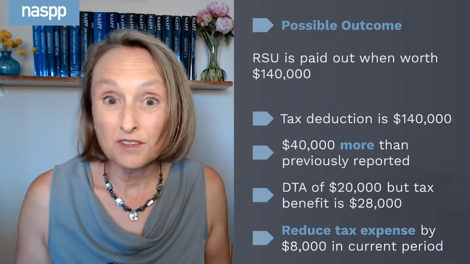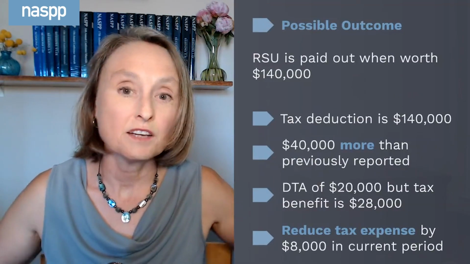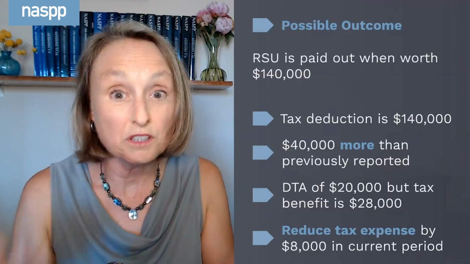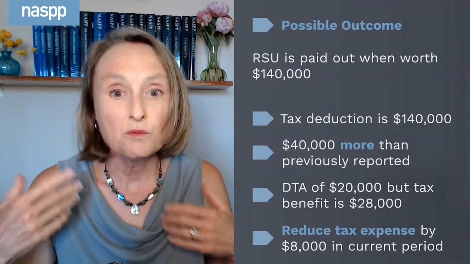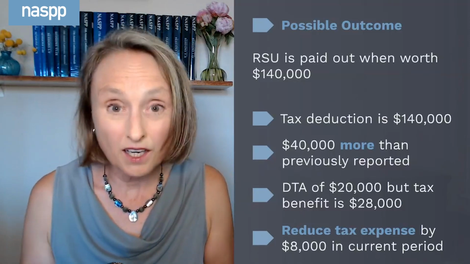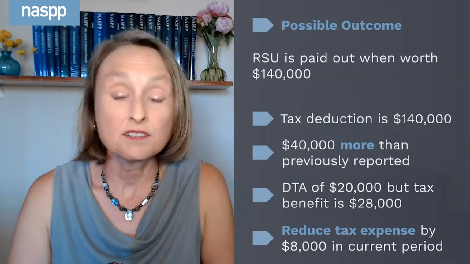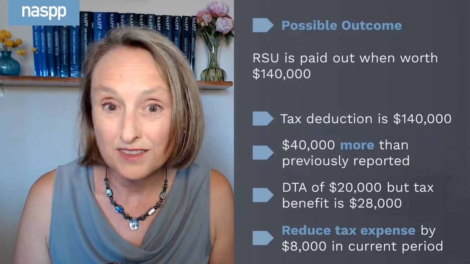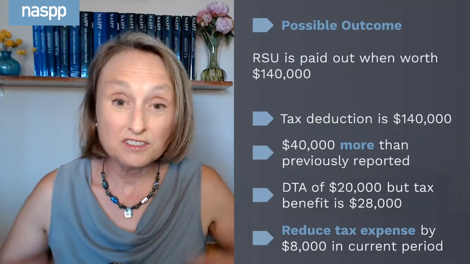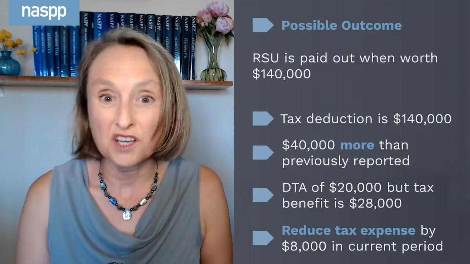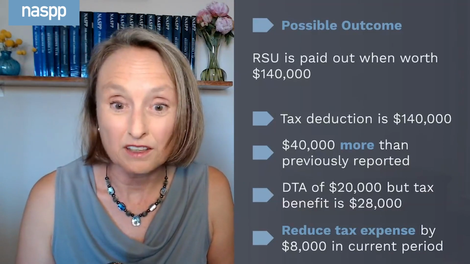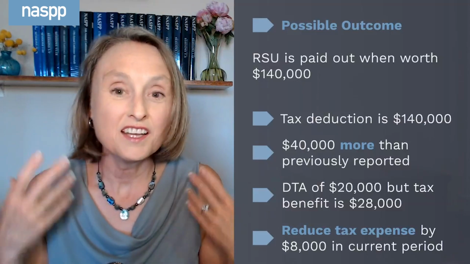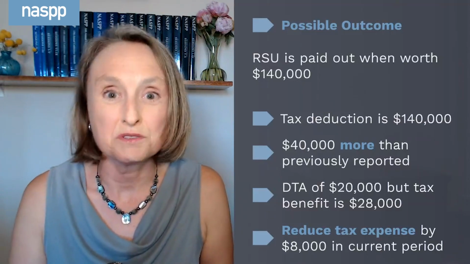When the award is eventually settled, we are going to have to reconcile the tax deduction that we told shareholders we were going to get in the P&L with the tax deduction that we actually get for the award. So let's say that the RSU is paid out when the award is worth $140,000. That's going to result in a tax deduction for the company of $140,000, which is $40,000 more than what we told shareholders it was going to be.